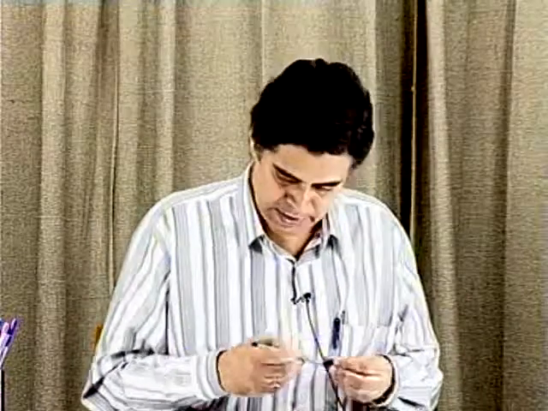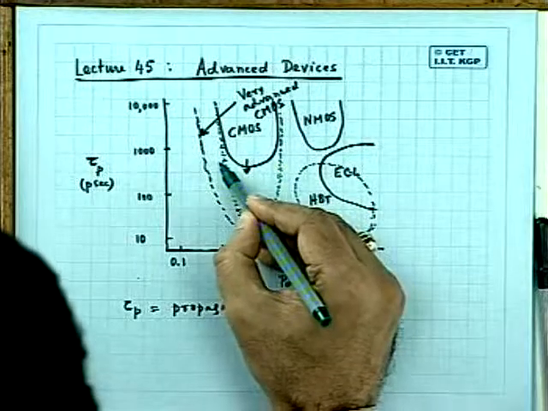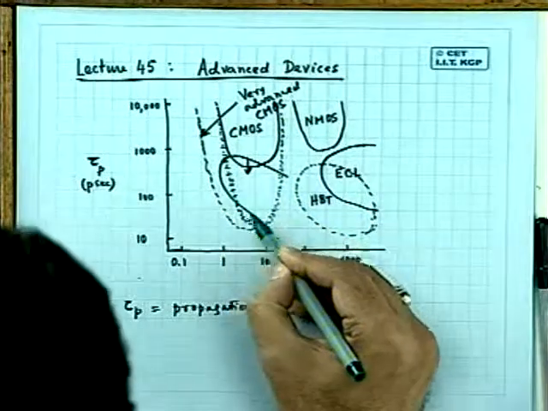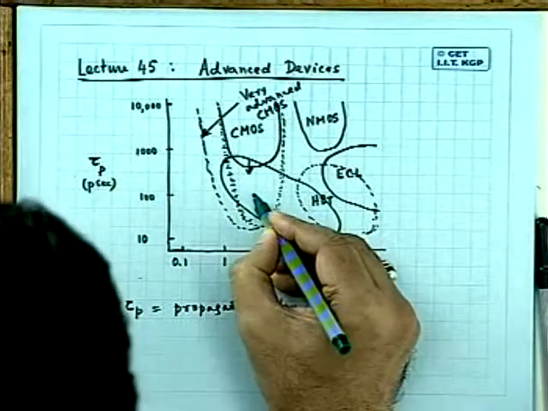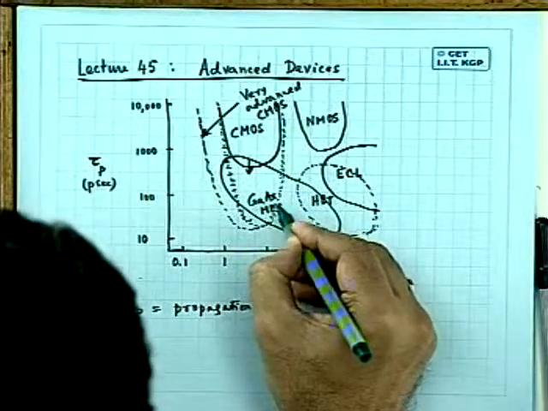For gallium arsenide MESFET technology, the curve is something intermediate, somewhere here. This is gallium arsenide, MESFET and JFET together.